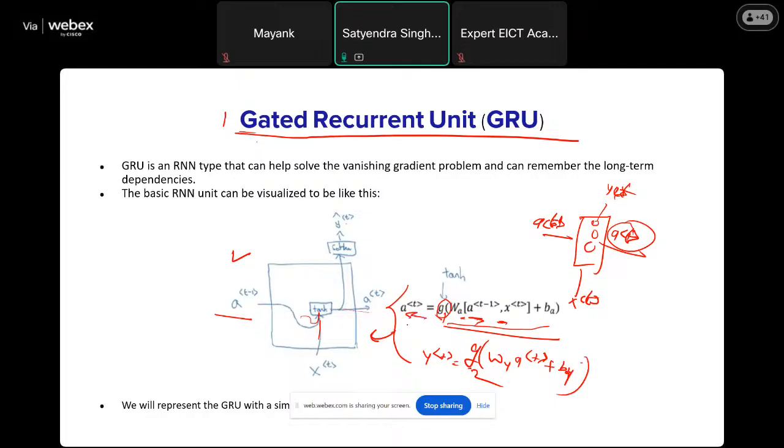If you pass this a_t to another activation function, obviously weight matrices are involved, not shown in the figure, softmax goes to y_t. So this is another example, and this notion will give you a good understanding of other recurrent unit architectures.